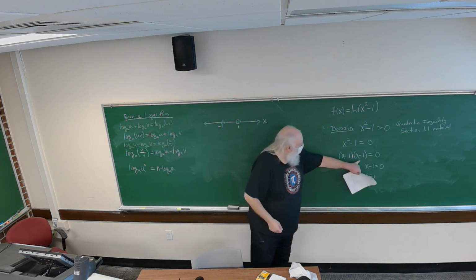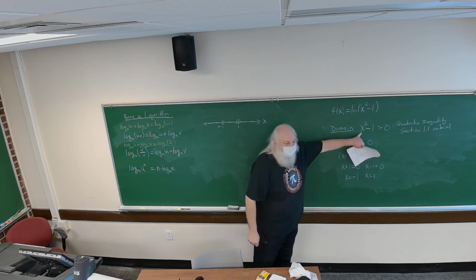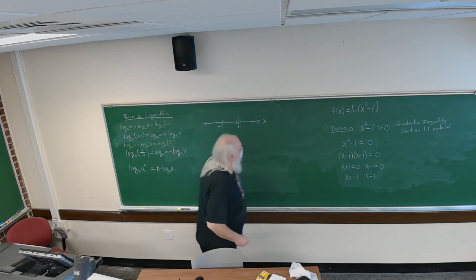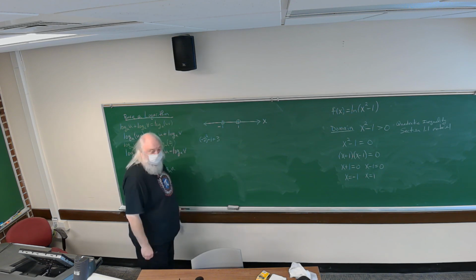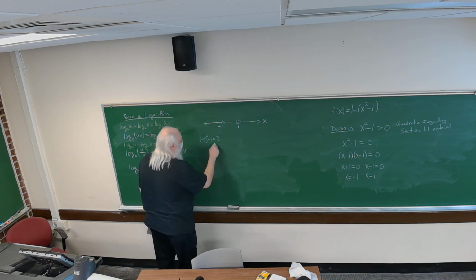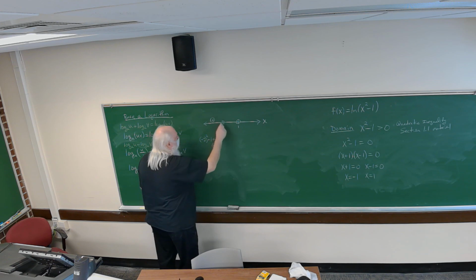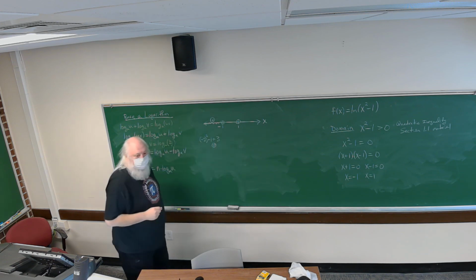And you can either use the factored form or the unfactored form, so I'll use the unfactored form. Minus 2 squared minus 1 is equal to 3. That's positive. So that means all these numbers to the left of minus 1 are in our solution set.